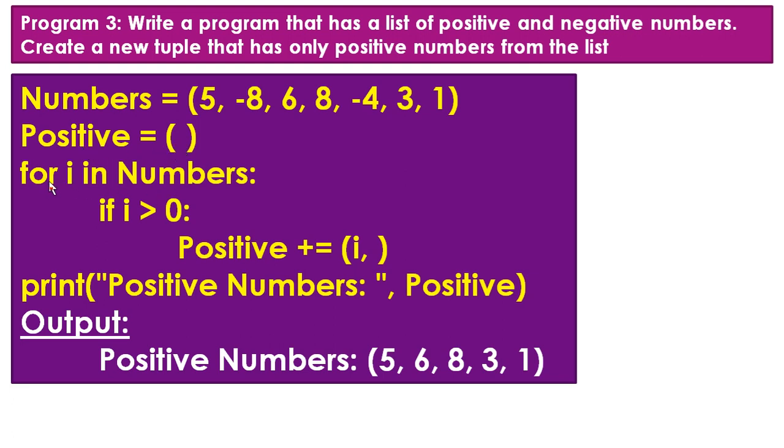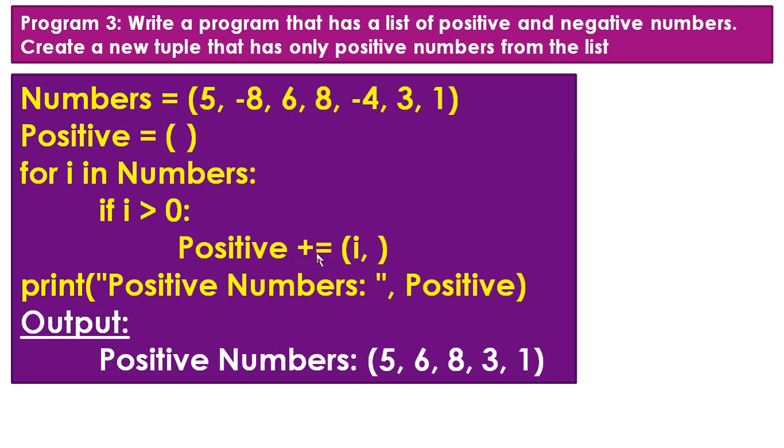By using for statement, the first I in numbers is 5. So 5 greater than 0 is true. So this statement is executed. Here plus equal to is the append operator.